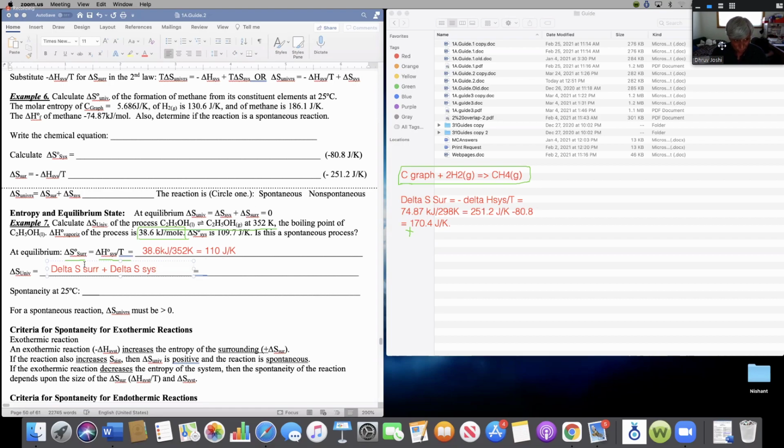Now we know the surrounding is that, 110 joules per Kelvin, and we need to find delta S system. Delta S system is 109.7 right there.